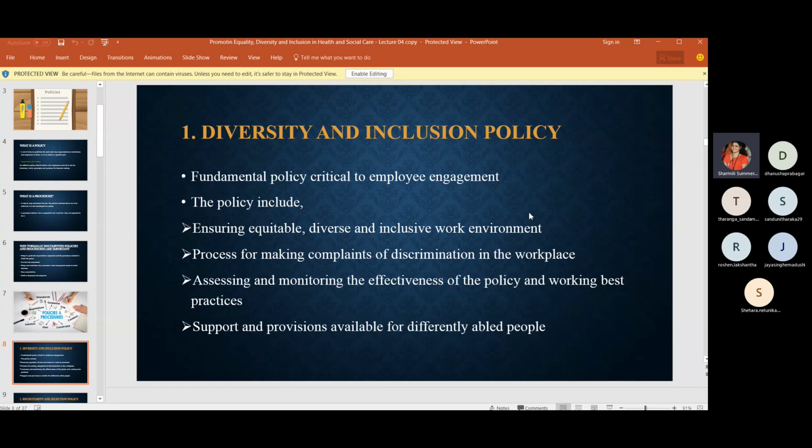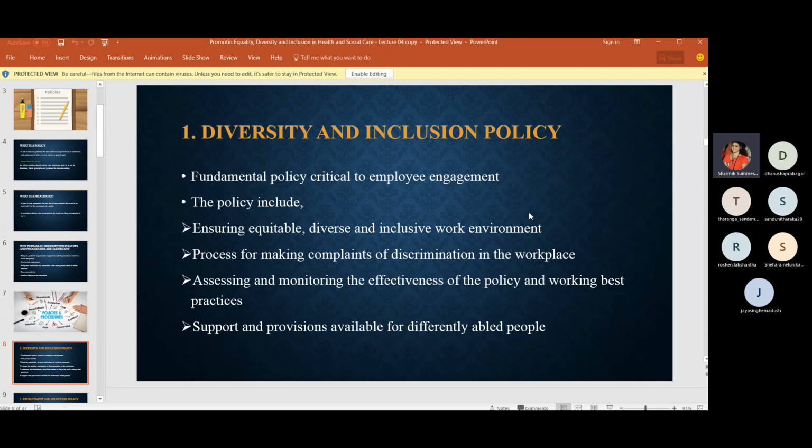Okay, so thank you. When we talk about this diversity and inclusion policy, we can apply it to any kind of workplace, like private companies, the public sector, hospitals, or any other social care sector. Why? Because diversity and inclusion is commonly seen in all kinds of environments.